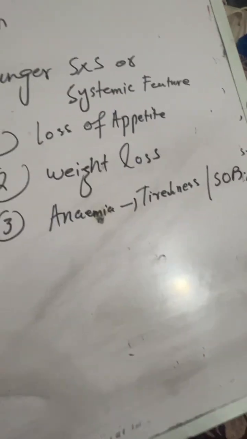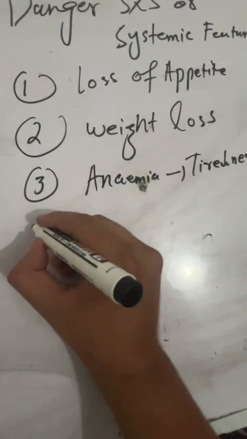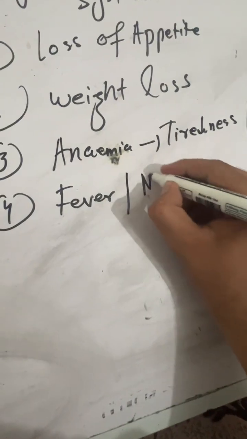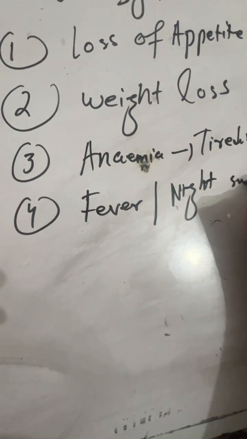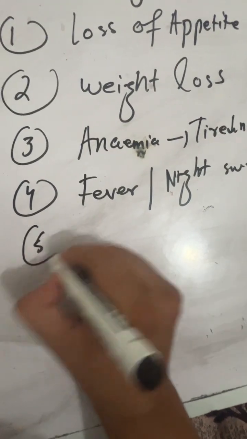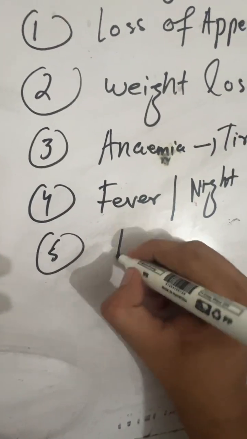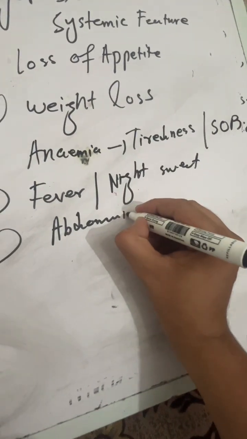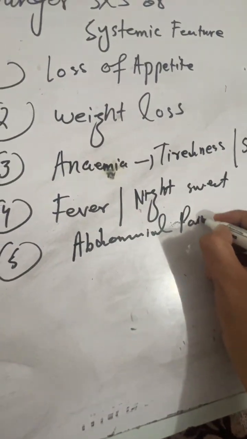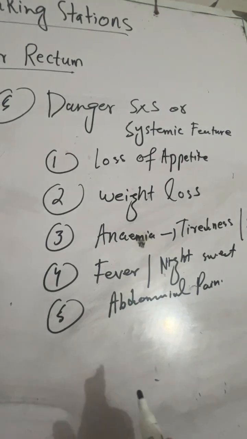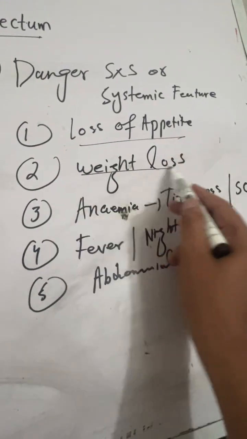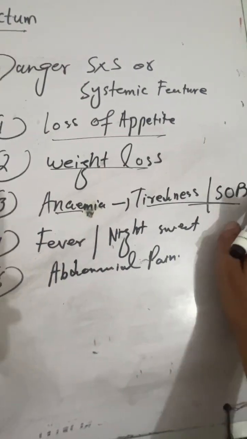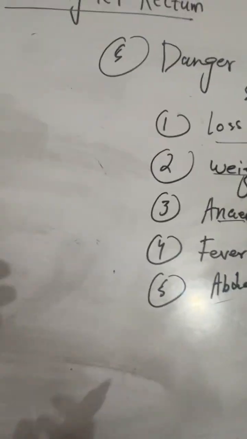What are the other danger signs? The fever or night sweats, and the last one is abdominal pain. So these are the red flags in bleeding per rectum: loss of appetite, weight loss, symptoms of anemia like tiredness or shortness of breath, fever and night sweats, and abdominal pain.